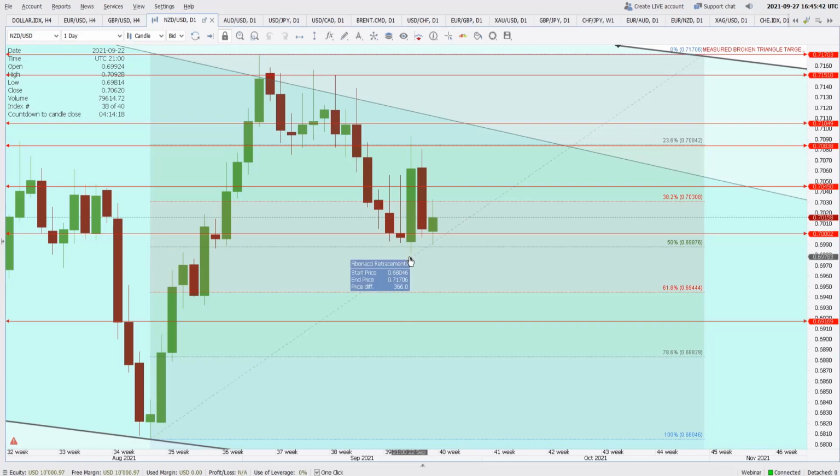On the other hand, if you see that the buyers were able to push the prices all the way up till here, and then sellers became aggressive, but in this case, if the buyers are somehow able to close the day higher than 0.7083, or to be more sure, higher than the high of this candle, which was at around 0.7092, that will mean that all the sellers who tried to jump in at this place have now been sent out of the market, and that means that buyers are in control of the market.